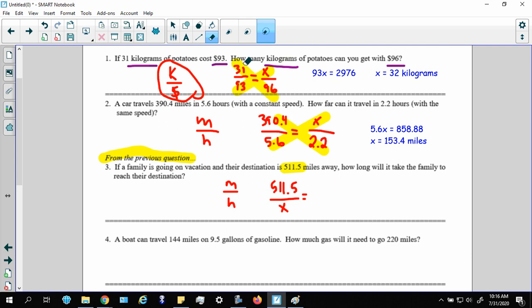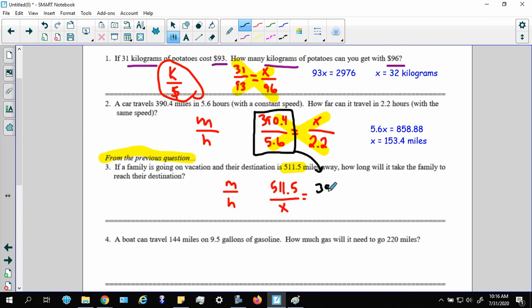It's not extra information, but it's continuous from question 2. So you're going to have to take the information from question 2. I'm just going to take this because we already have this rate, and plug it down there. 390.4 over 5.6. Again, writing with my mouse. So we have a proportion that we can solve.